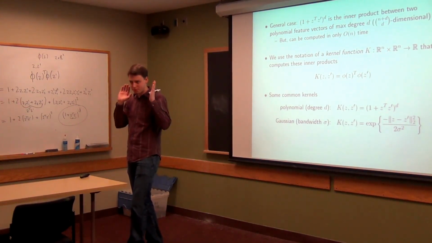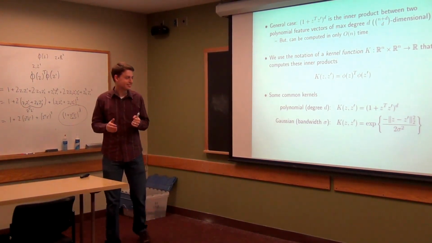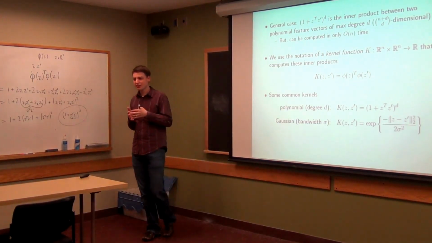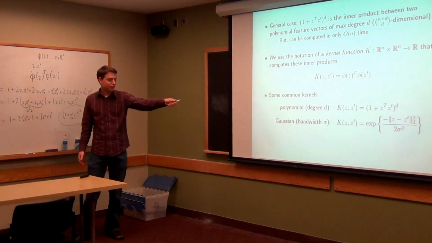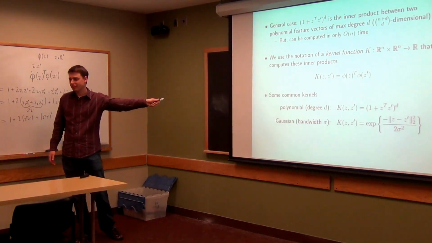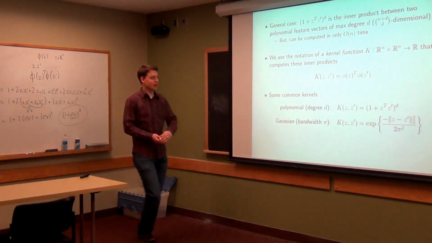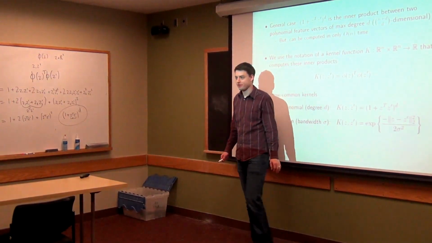Don't worry about proving that, but it's sort of amazing in some sense, right? This is an infinite dimensional feature vector. We couldn't even write it down no matter how much memory we had, yet we can still compute inner products in this space. The polynomial one is not infinite, just big but still finite. This one's actually infinite.